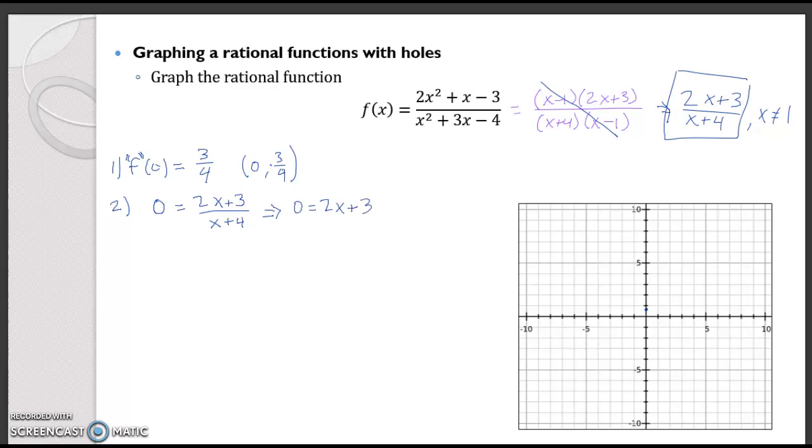Subtract 3 and divide by 2, I'll get x equals -3/2. So at x is -3/2, y is 0, I'll have a point. Step 3 is to find the vertical asymptote of the new portion, which is at x equals -4, where the denominator equals 0, so that is here.